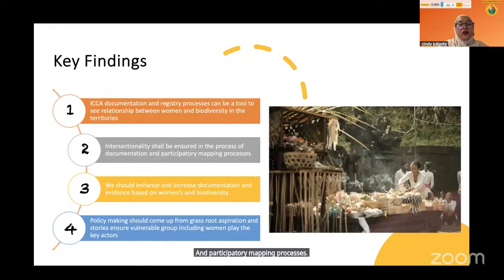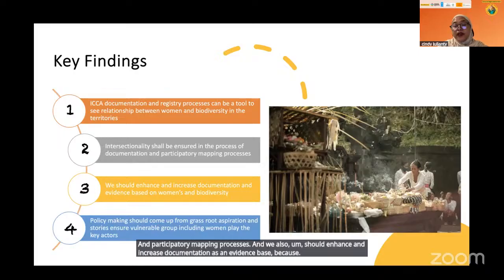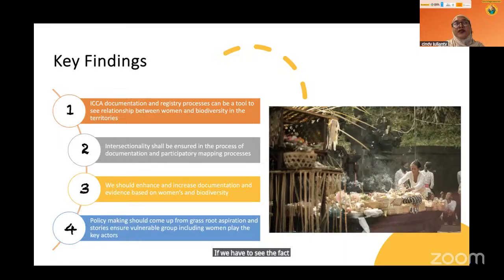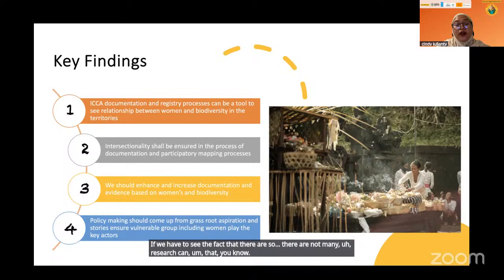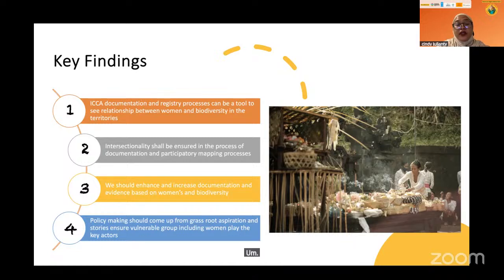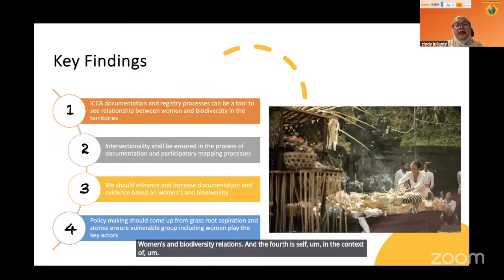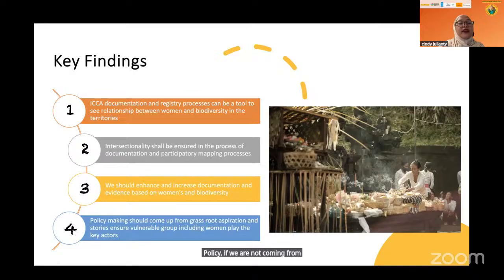We should also enhance and increase documentation as an evidence base, because there is not much research showing women's and biodiversity relations. And the fourth, in the context of policy making, is that I think we cannot talk about policy if we are not coming from grassroots data, from the communities' data itself.